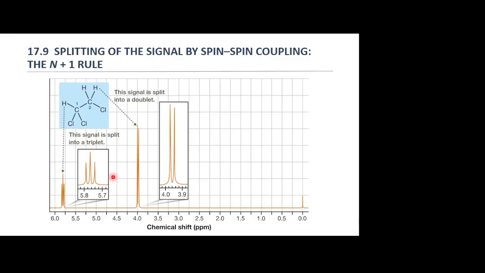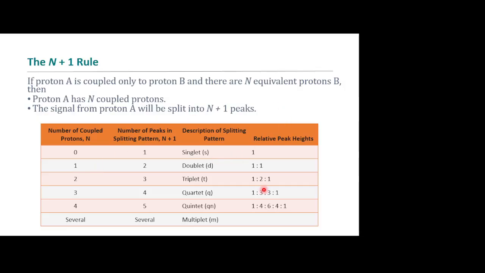Okay, remember, it's the area under the curve that actually matters. Okay. And this is how this would break up on the rest. This would be a quartet. You would see the outermost ones would be an intensity 1 or an integral 1. And then the inner ones would be 3 times that. Okay? And then you would look at the quintets, and it would be a 1, 4, 6.